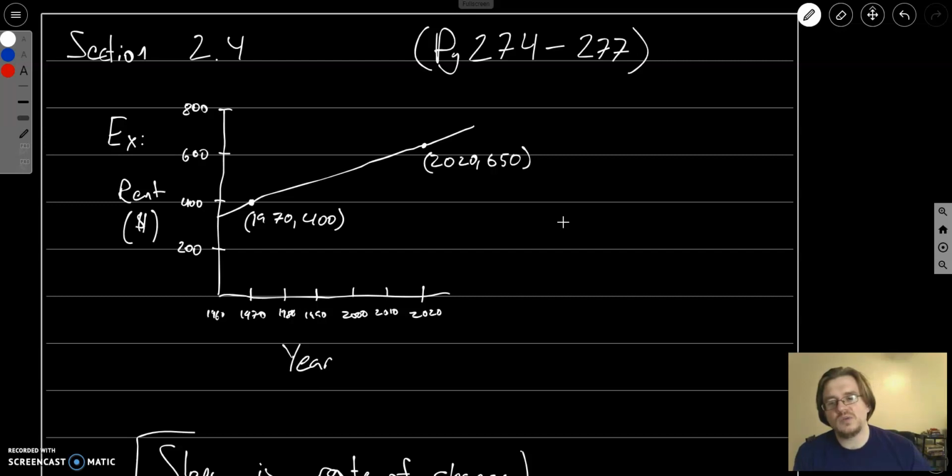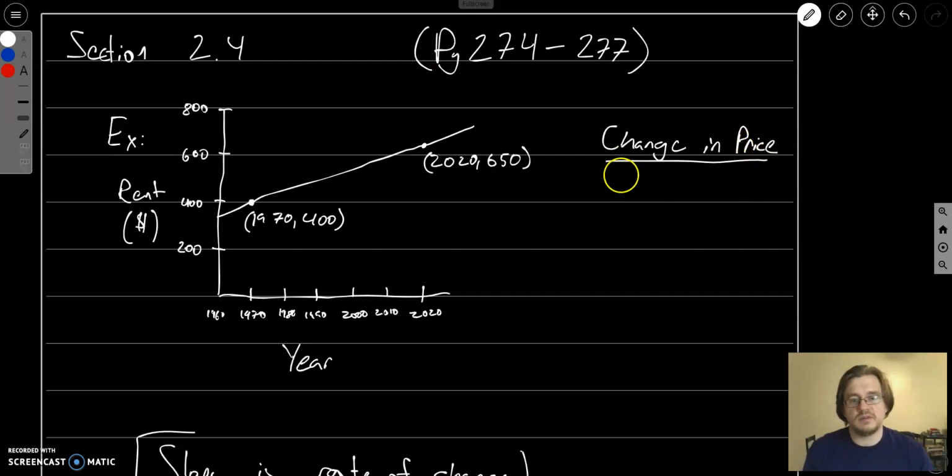So when we look at this, we might ask, well, what's the rate at which rent is increasing? Well, the rate it's increasing should be the change in price divided by the change in year.